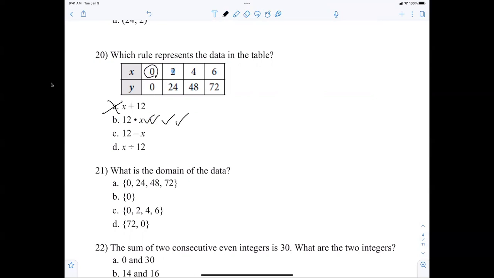What does this represent? X is 0, not 0x. X is 0. So if I plug 0 in, what do I get? 12. So it can't be A because we want it to be 0. So if I plug in 0 for X here, what do I get?